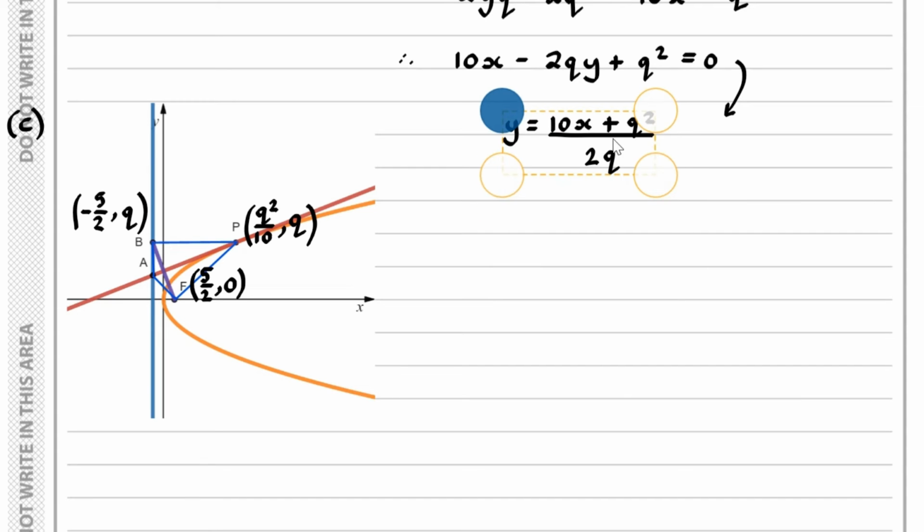So this is an alternative form for that tangent.